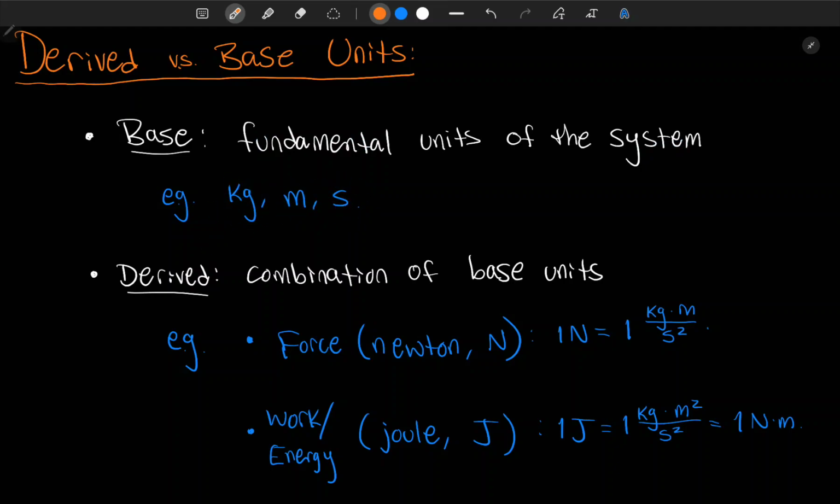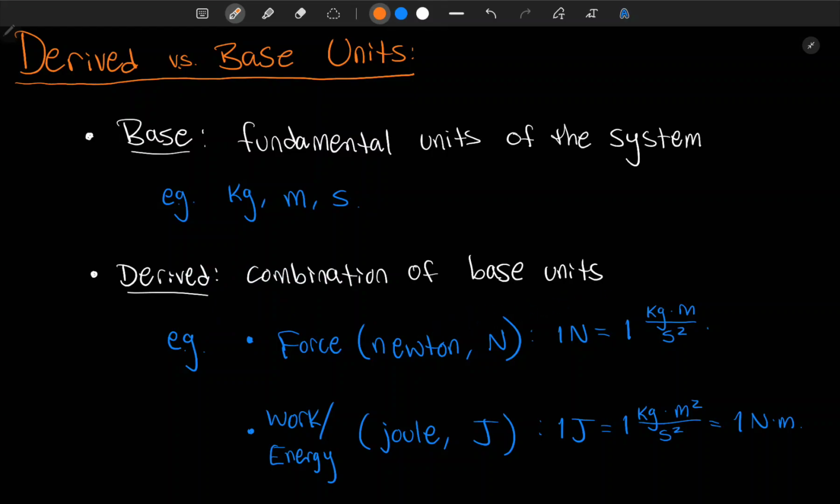In fact, all of the units on the table that I had shown earlier, so amperes, candela, these are all examples of base units. They're fundamental to the metric system. These are different than derived units. So derived units are a combination of the base units.